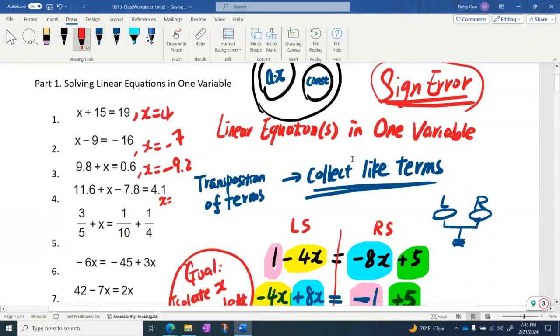Decimal. Simplify the left-hand side. 11.6 minus 7.8. What do you have?